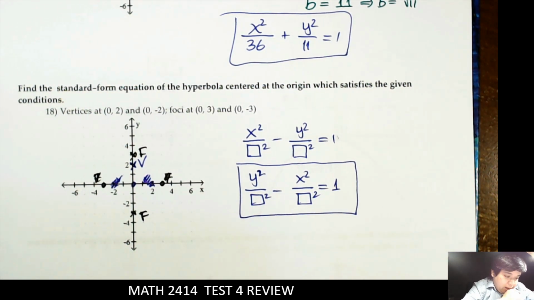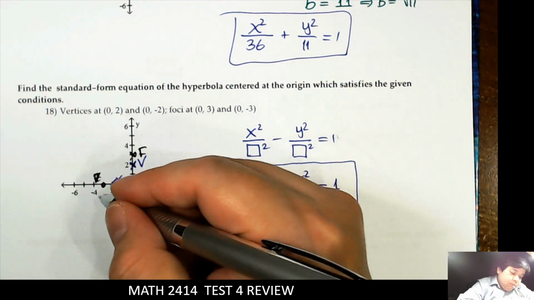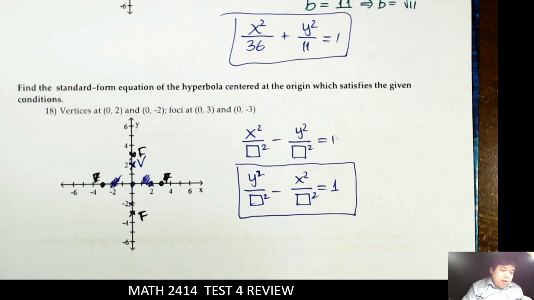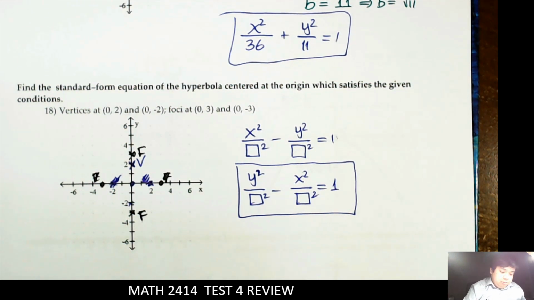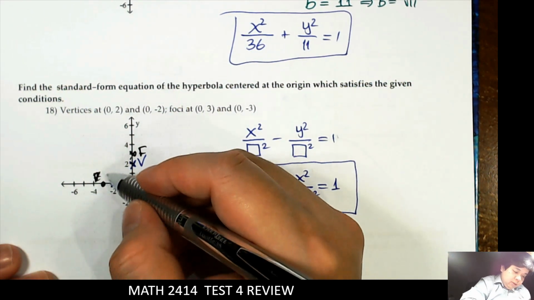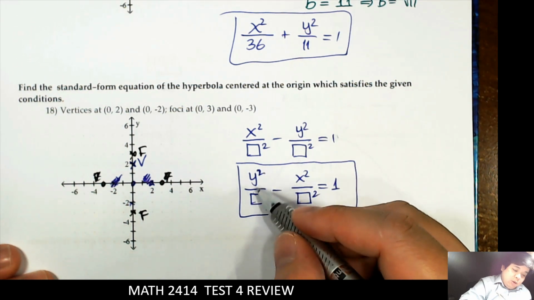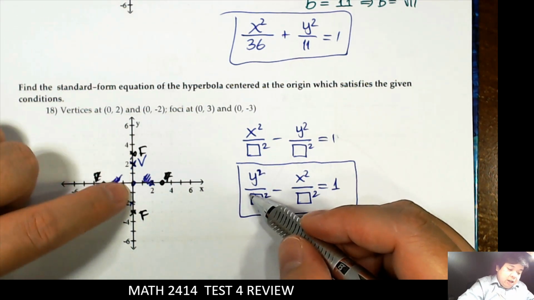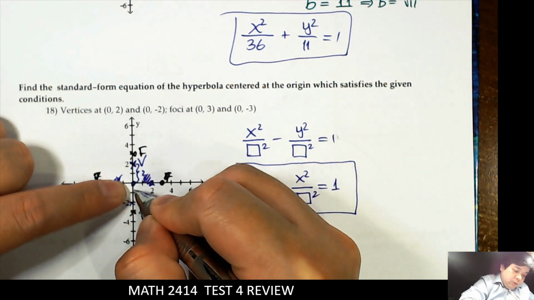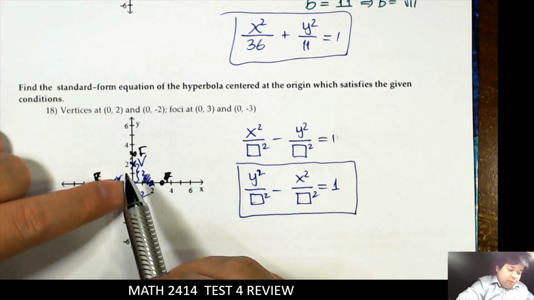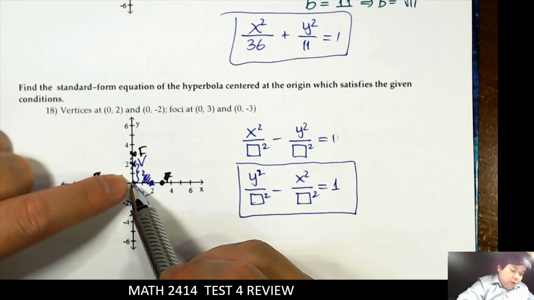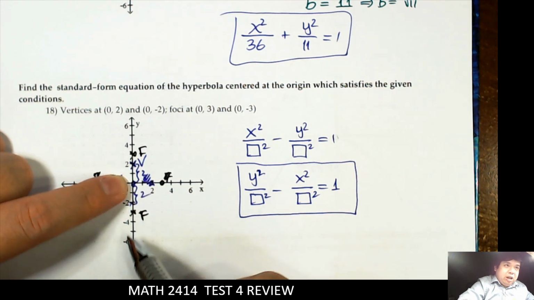Now, for the hyperbola, this is going to be the distance that we go up and down to get to the vertex. So that is going to be 2, because from 0, 0 to 0, 2, that is 2 units up and down.